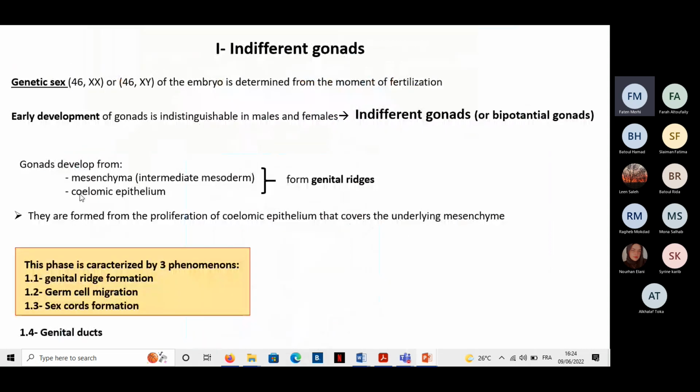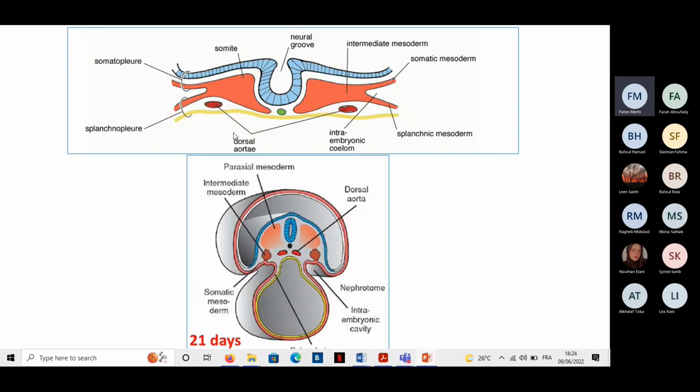So a coelom is a cavity, and the mesenchyma develops from the intermediate mesoderm. Here, as you know, during embryogenesis, we have the formation of those three layers: the ectoderm, the mesoderm, and the endoderm.